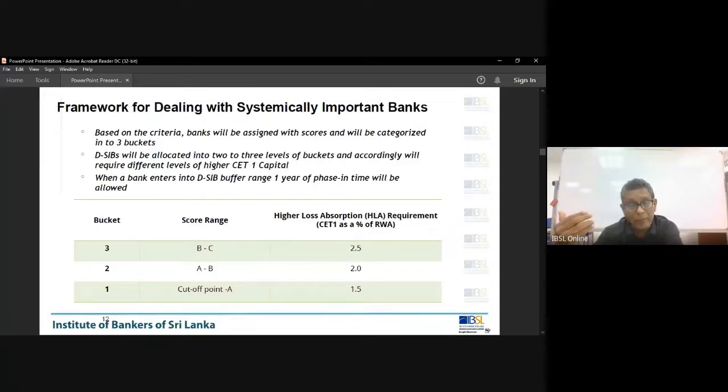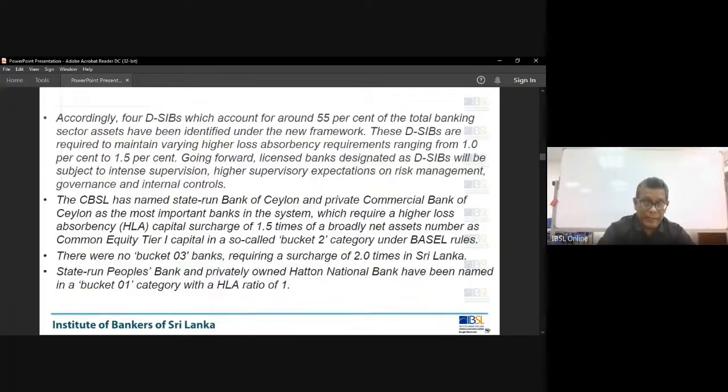Then bucket 2 banks need to maintain another 1.5%, and bucket 3 needs to maintain 2% loss absorption capacity, right? Okay, I will explain to you a little more in detail.